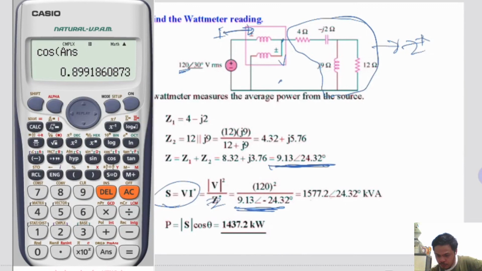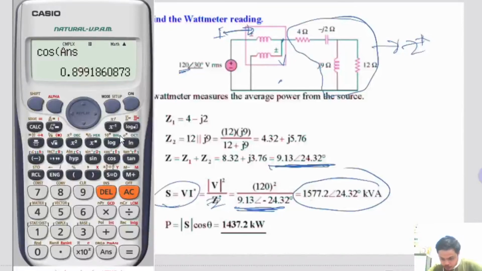So we have now the S value, or the complex power of the system. The wattmeter reading is the average power. So we should take the real part of S, and that gives us our real power, or the average power of the system.